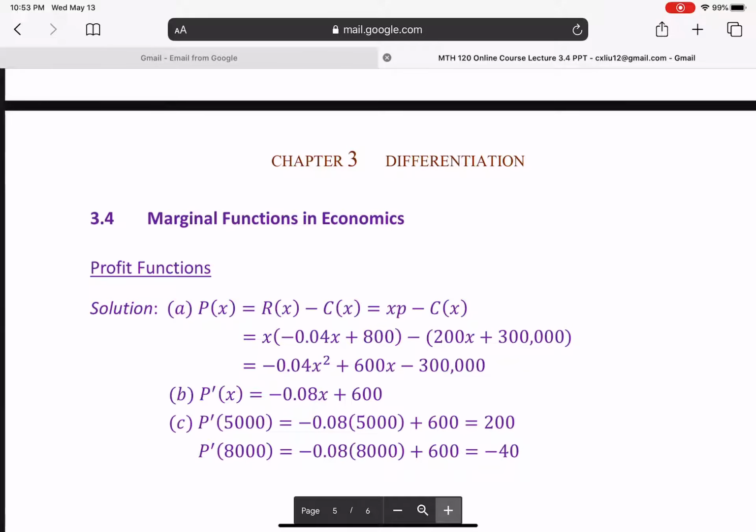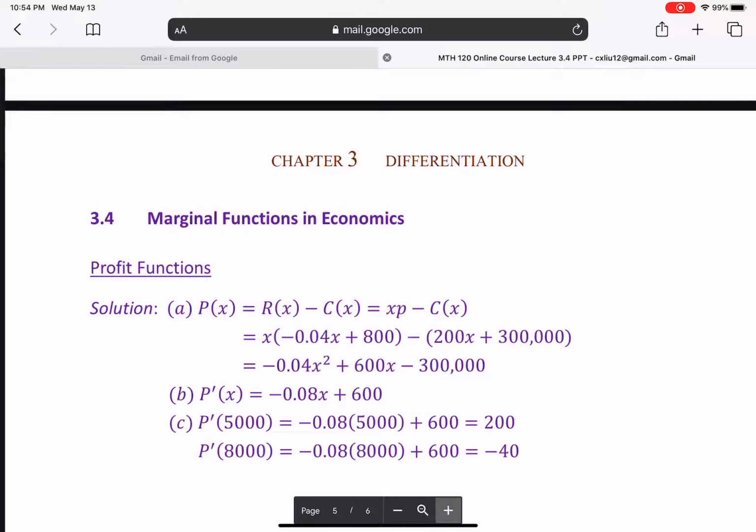Question C, P prime of 5,000. Just plug in 5,000 for x to get negative 0.08 times 5,000 plus 600. We got 200. P prime of 8,000. So plug in 8,000 for x. We got negative 0.08 times 8,000 plus 600. We got negative 40.